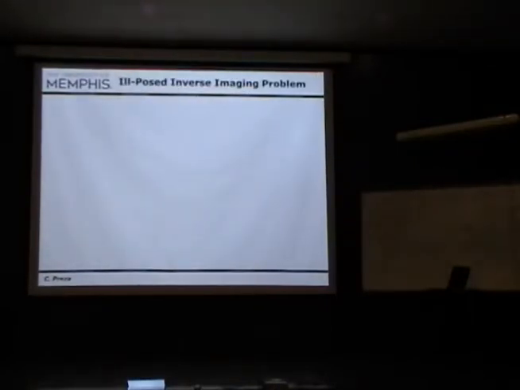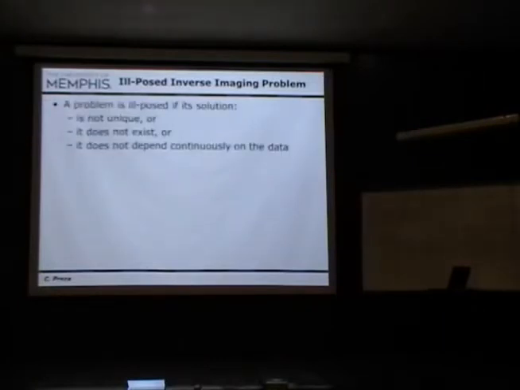And because of this non-uniqueness, as you might have heard, the inverse imaging problem is ill-posed. Okay, what does that mean? Well, a problem is ill-posed if its solution is not unique. And I just argued that it's very plausible, because of the loss of information that takes place with many imaging systems, that I will not have uniqueness.